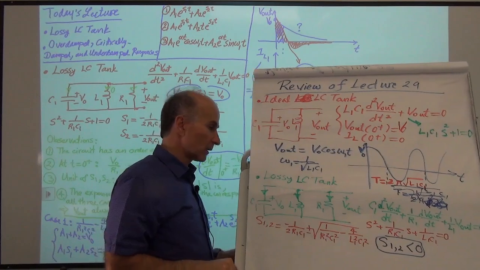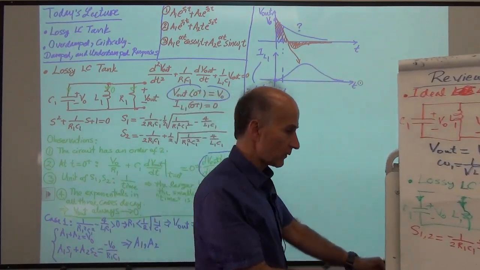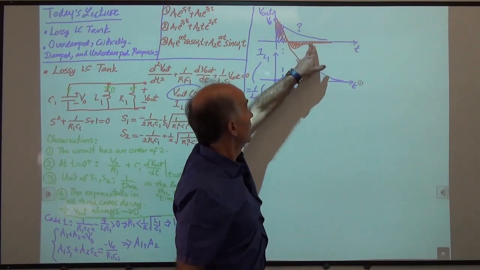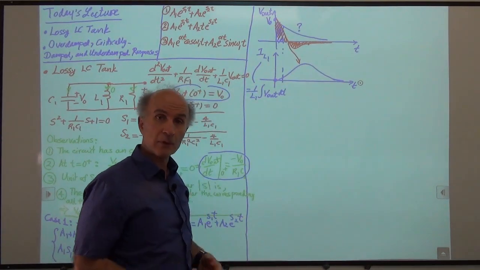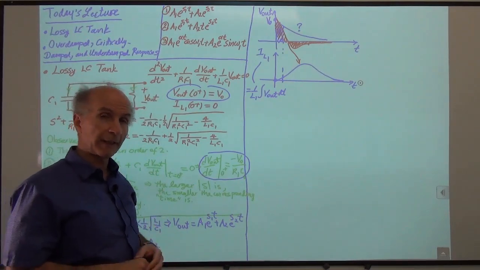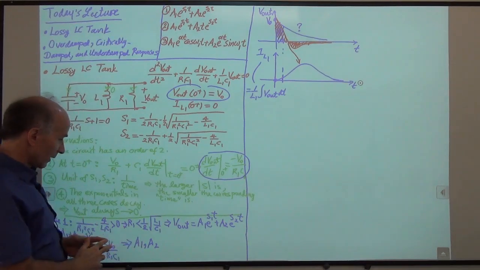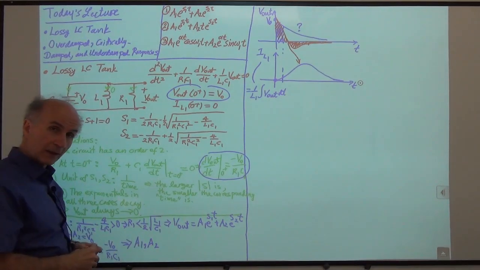But what I saw here is nothing related to sinusoids, right? You can't see any sinusoid here. It's just a simple, sort of boring waveform. So what happened? Well, it depends on the value of R1, and it depends on the conditions that we are facing here.